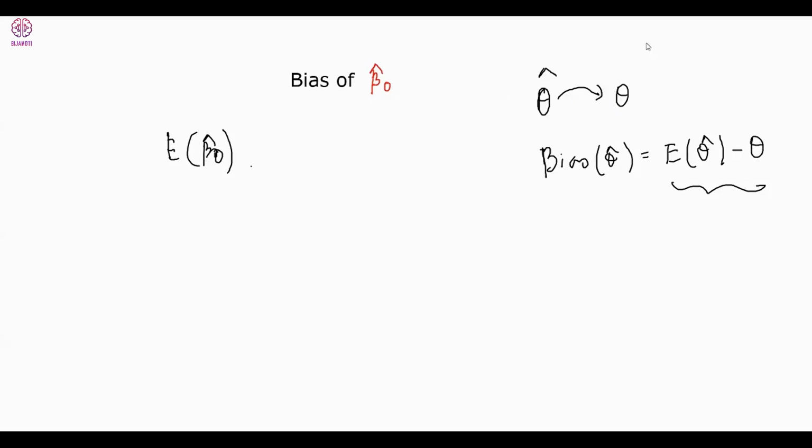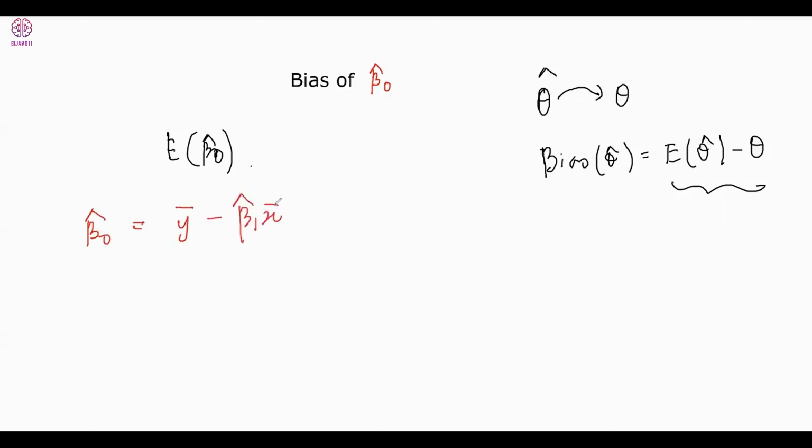Okay, so let's do it now. So let's calculate the expectation of beta naught hat. What we know, beta naught hat is what? Beta naught hat is equal to y bar minus beta 1 hat x bar.